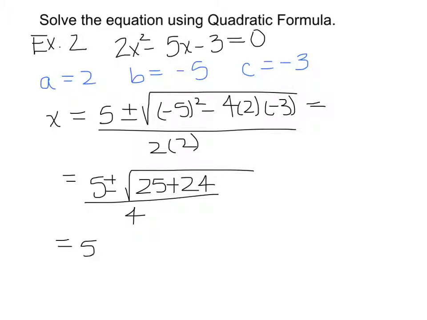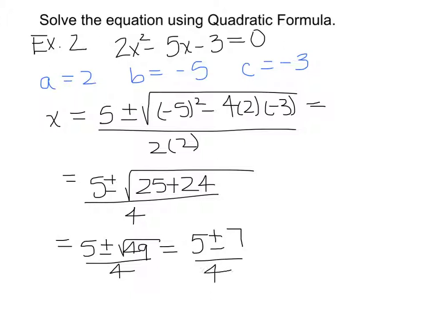And we get the square root of 49, which is a perfect square. So 5 plus or minus 7 over 4.